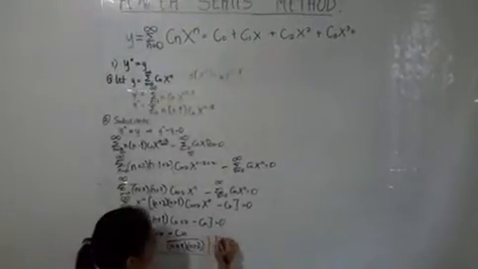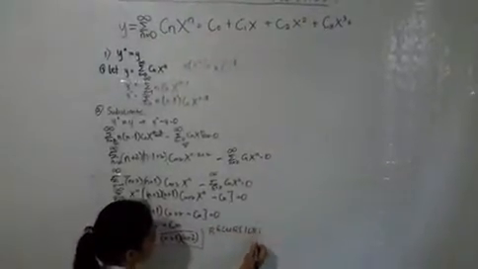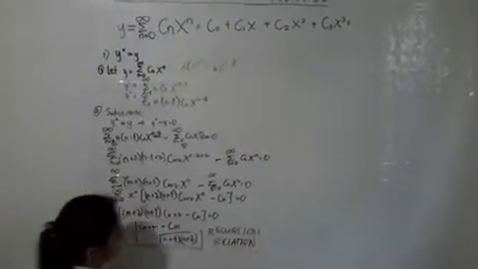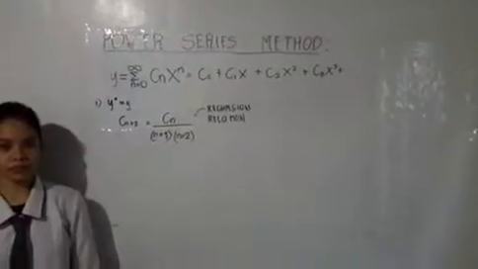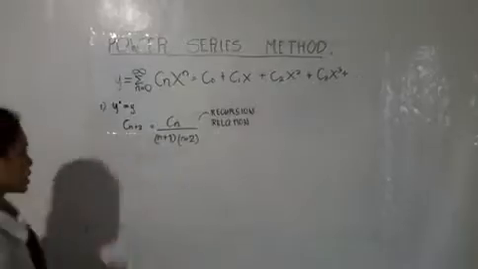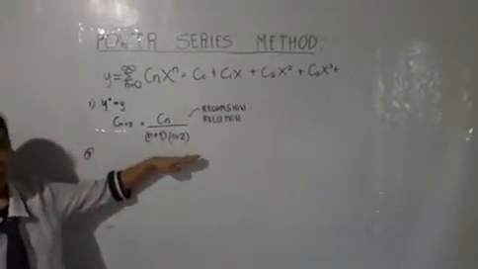This will be our recursion relation. We're done for our step 1 and step 2. Now we proceed to our step 3, substituting our values to get our coefficients.